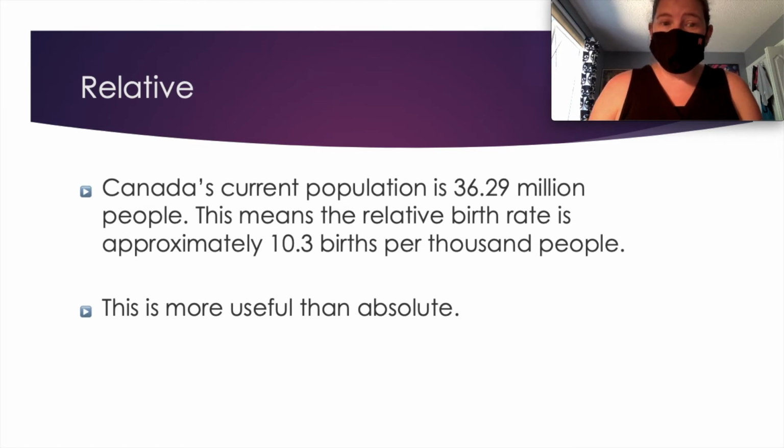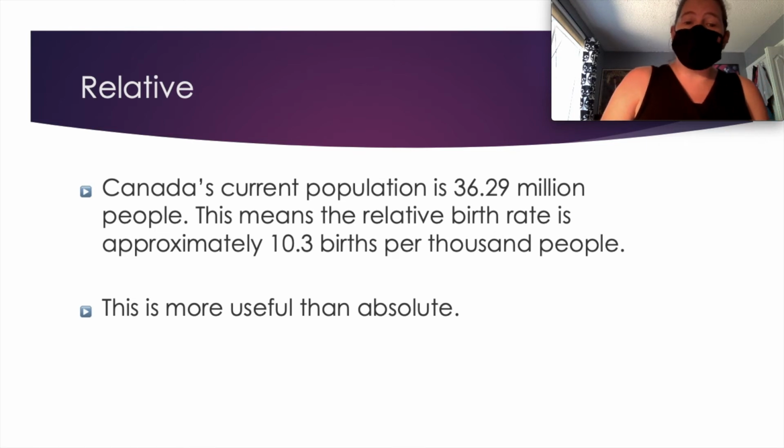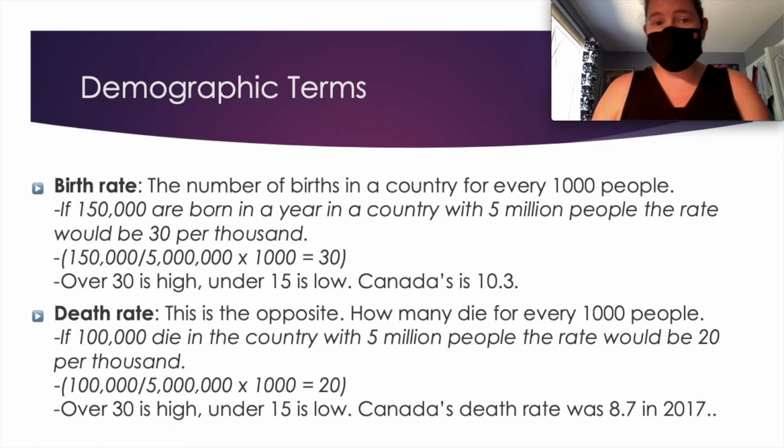Because it's the absolute number, and we're not putting it relative to Canada's current population, which is 36.29 million. This means the relative birth rate is approximately 10.3 births per 1,000 people. This is more useful than the absolute number. You have to put it into context. These numbers are meaningless unless they're put into the context of the country.